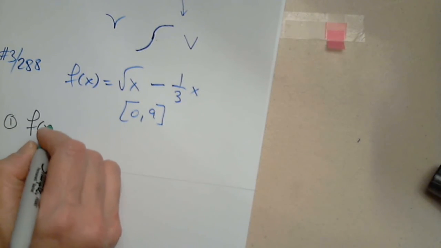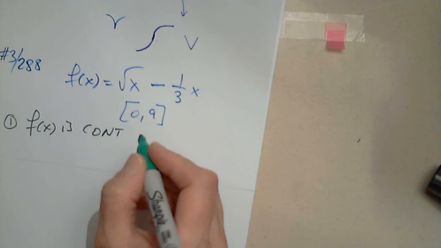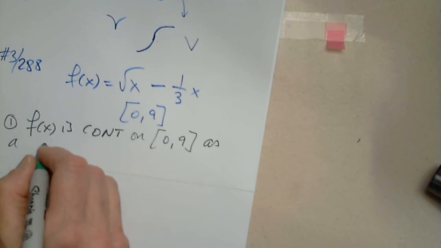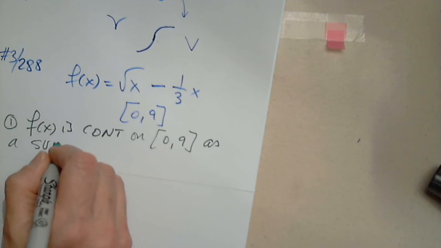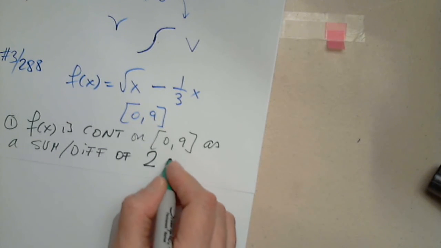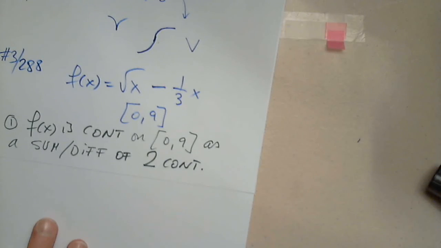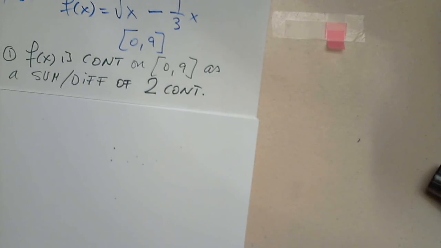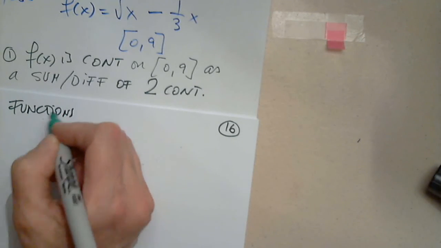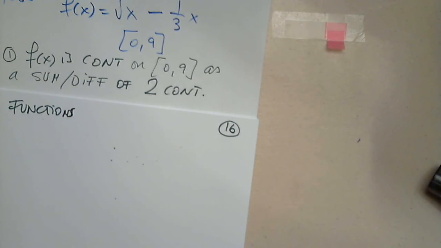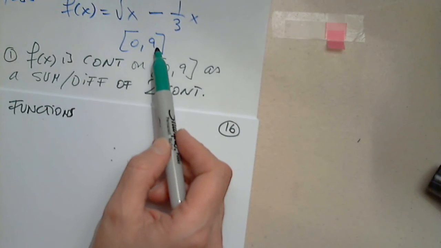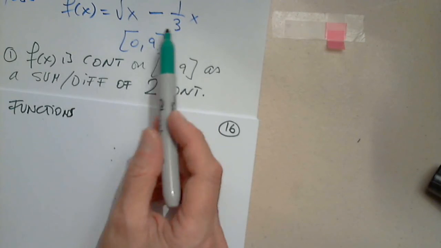So I will write f of x is continuous on 0, 9 as a difference or sum of two continuous functions, right? Because the square root is always continuous between 0 and 9, and this is a linear function.